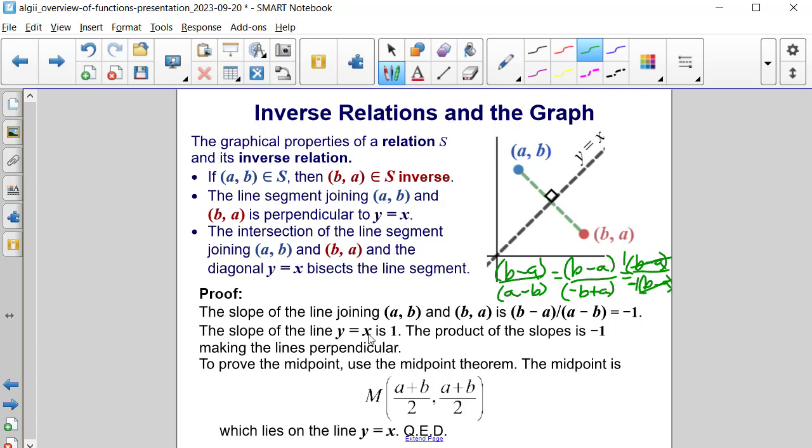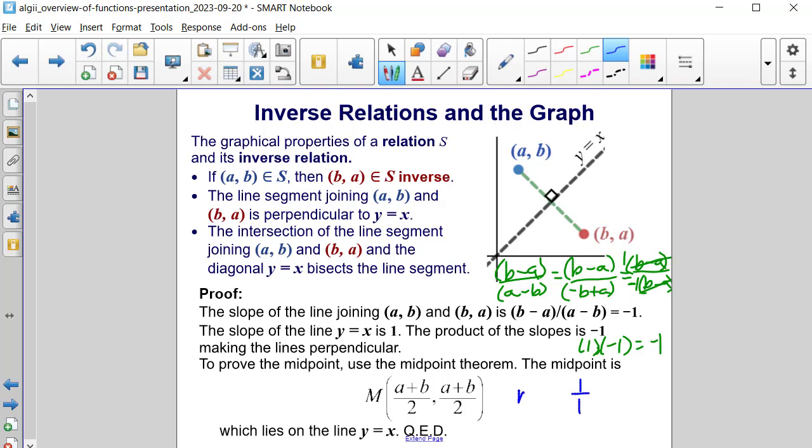The slope of the line y equals x is +1, and the product of their slopes is 1 times -1, which is -1. Some of you may also remember that perpendicular lines have opposite reciprocal slopes. Well, the slope of y equals x is 1, which is 1 over 1.